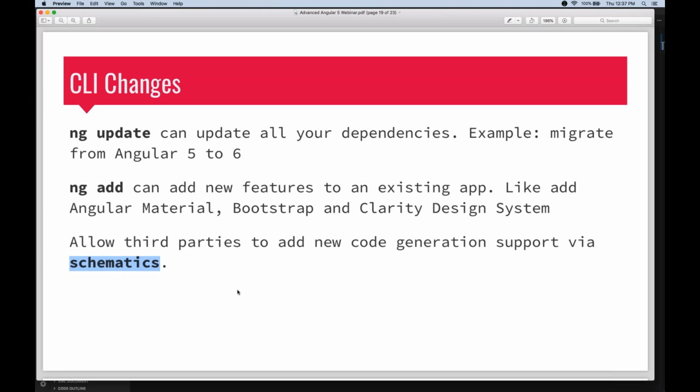And from now on, you're not going to be limited to generating those classes only. Using Angular schematics, third parties can add plugins that allow you to generate additional types of assets. All right, so we'll see how this works out. What kind of new schematics are created, we'll find out later on.